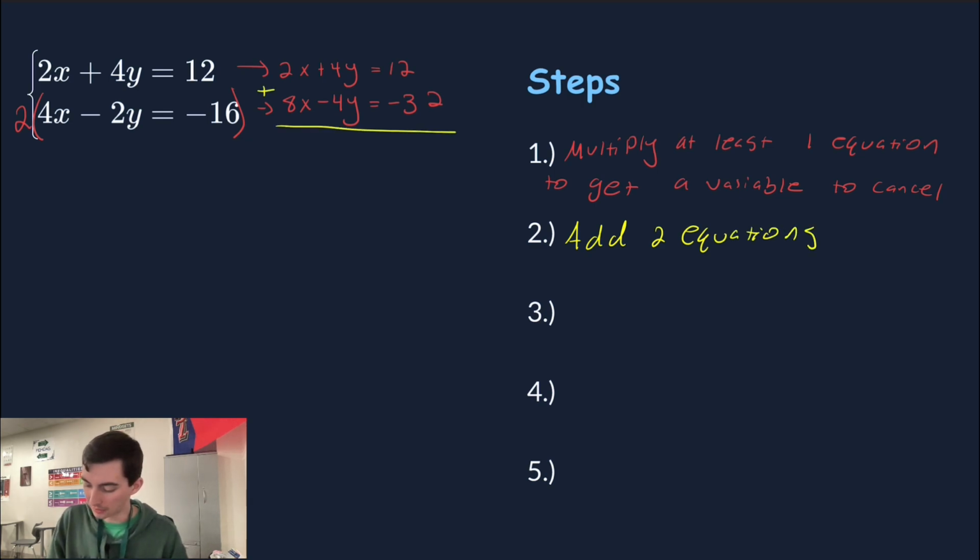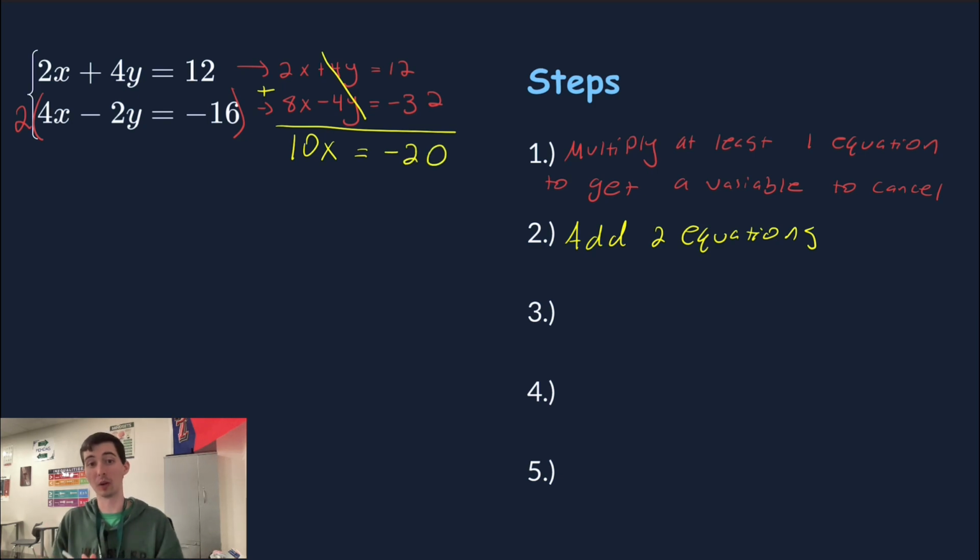So when I add these, we're just going to add my like terms. So I have 2x plus 8x, that's going to give me 10x. And now, like we talked about, these 4y's will cancel. So I get 10x is equal to 12 minus 32, which is negative 20.